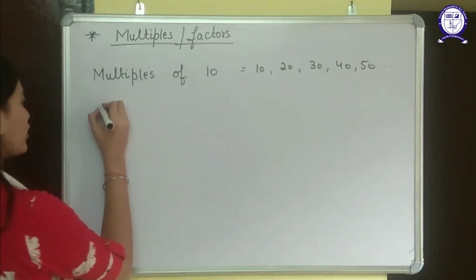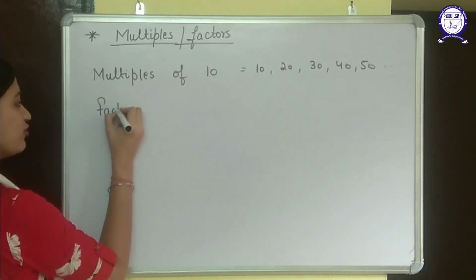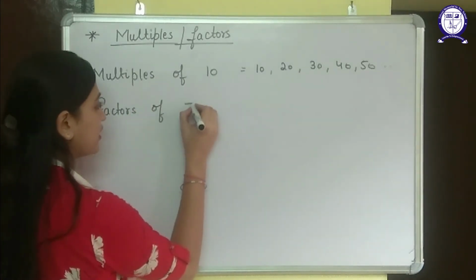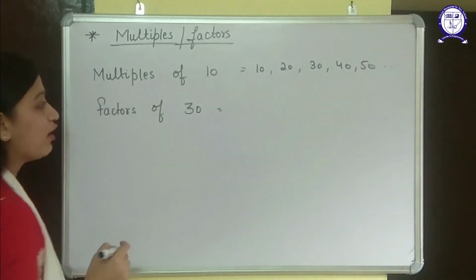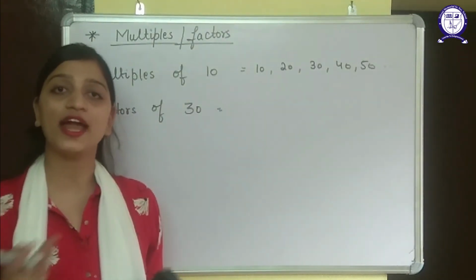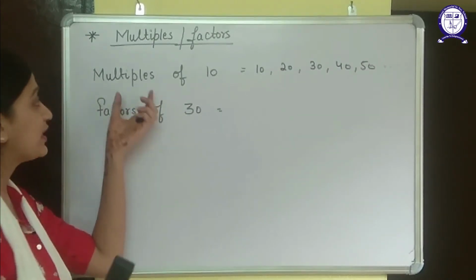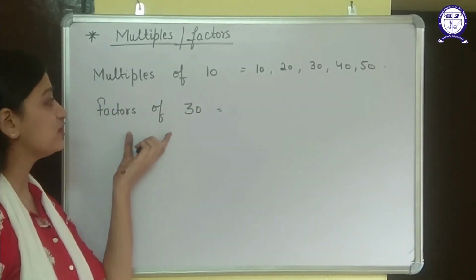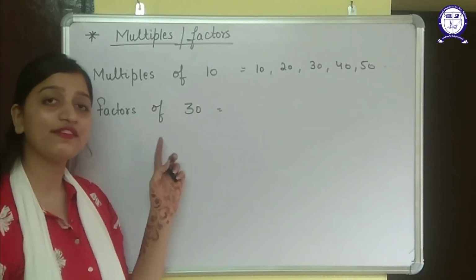These are the multiples of 10. Now suppose I am talking about the factors of a number. Let's take the number to be 30. Factors of 30 means all the numbers which can divide 30. Multiples are the numbers which 10 will divide, whereas factors of 30 means the numbers which will divide 30.